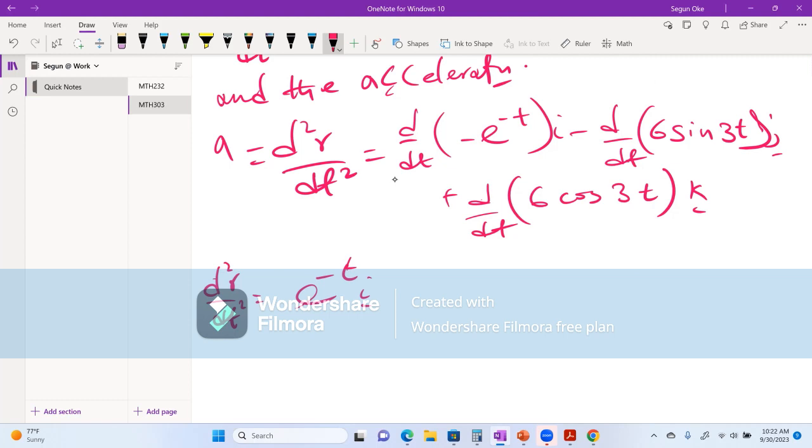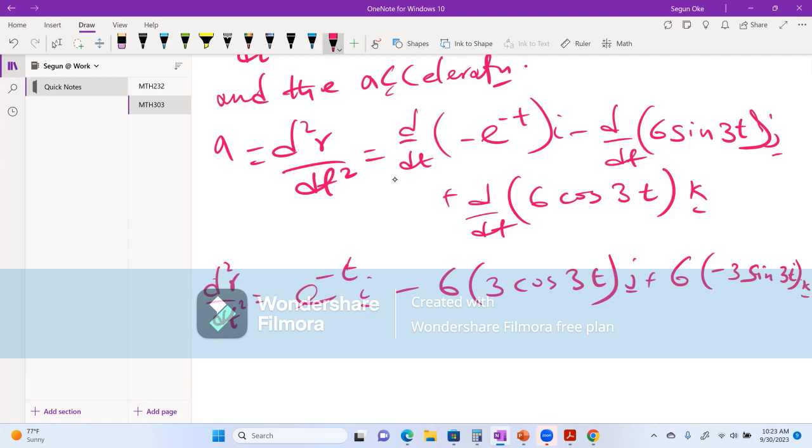Let's do it one by one: minus 6 in brackets, 3 cos 3t j, plus 6 in brackets, minus 3 sine 3t k.